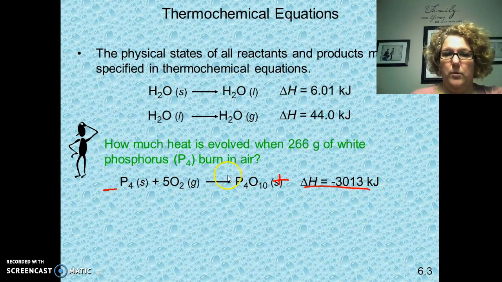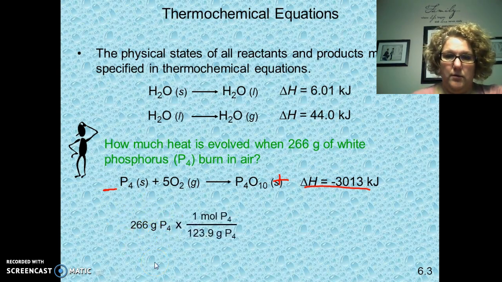So for every mole of product that we make, we're going to release this much energy. So we're just going to do a stoich problem. We're given 266 grams of white phosphorus, of P4. So grams, as always, are useless, so we have to convert them to moles using the molar mass.